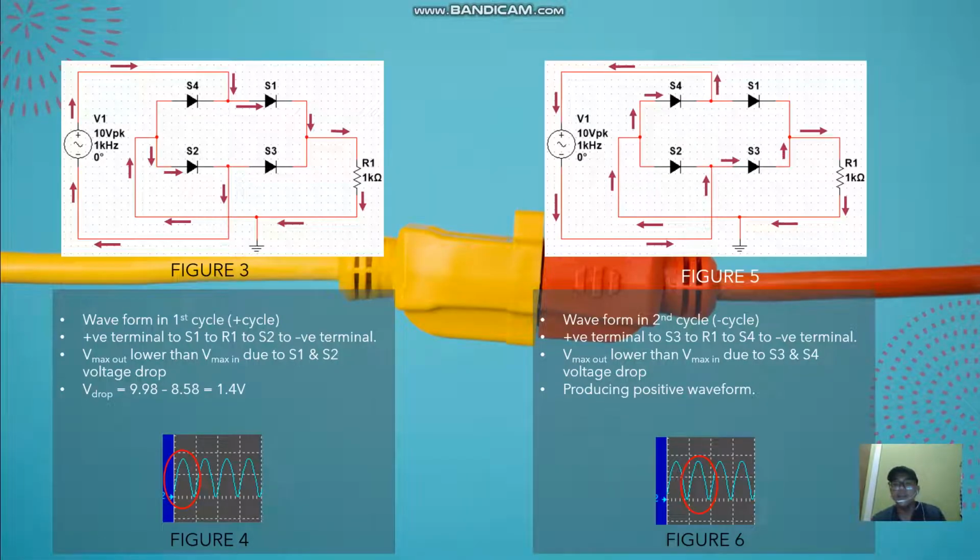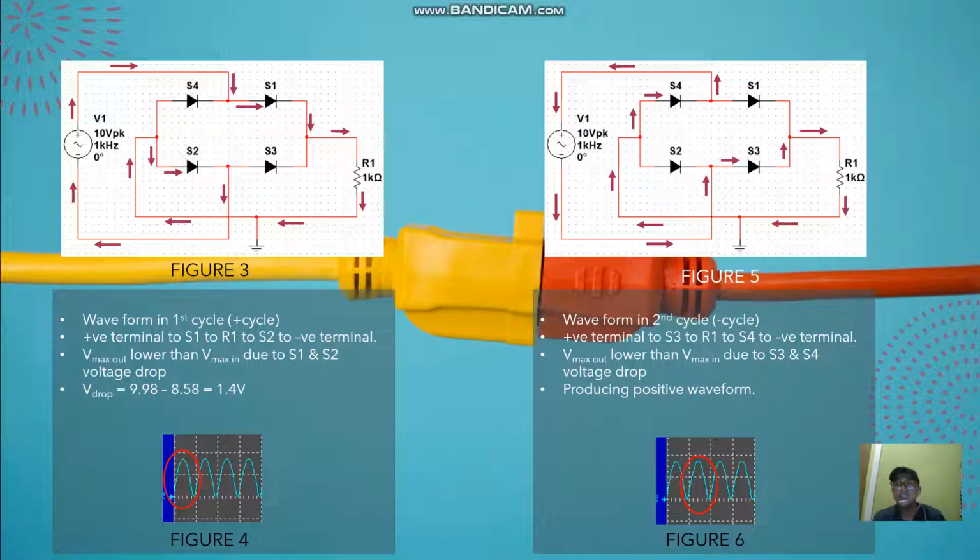So again, for full wave, we're going to explain in two conditions: the first is the positive cycle and the second is the negative cycle. Let's look first at the positive cycle. In the positive cycle, the voltage and current flow in the clockwise direction, starting at the positive terminal of V1, going through S1, which is the first diode, then connecting to R1, which is our load, then to S2, our second diode, and finally going back to the negative terminal of V1.